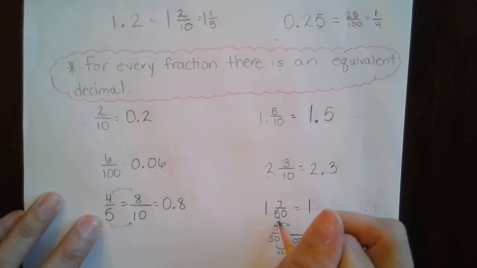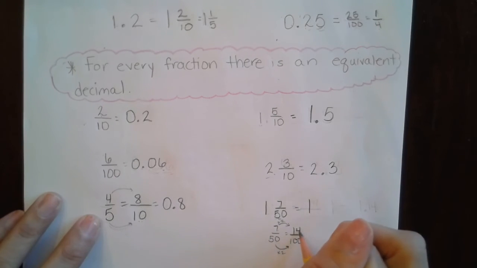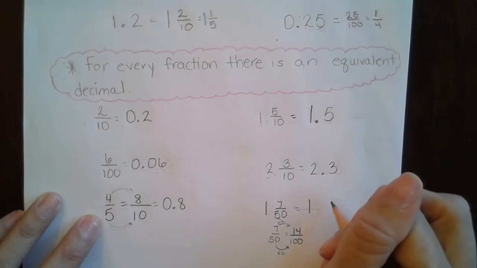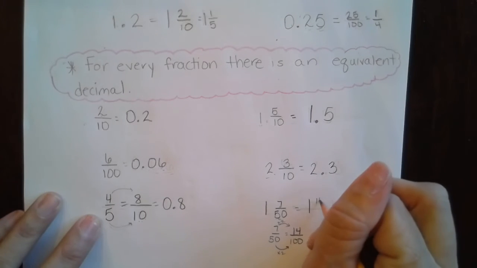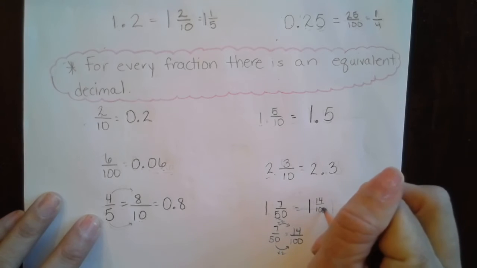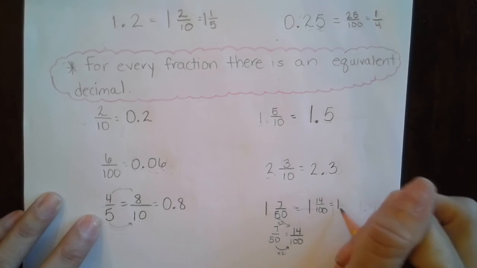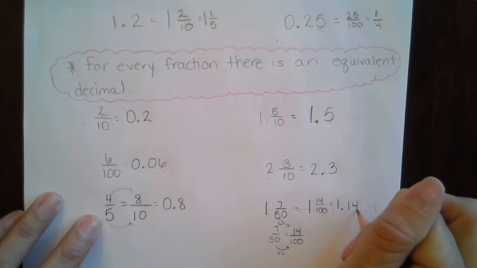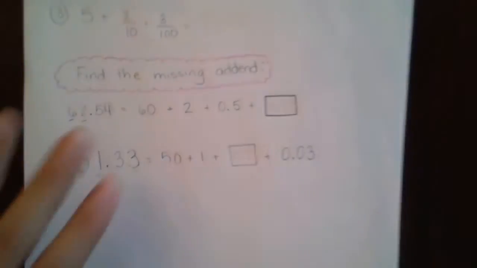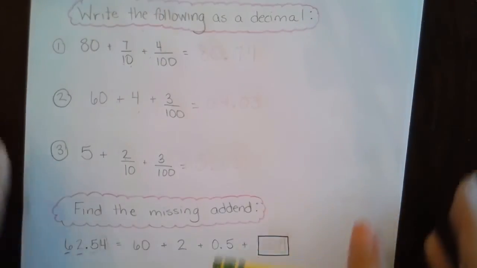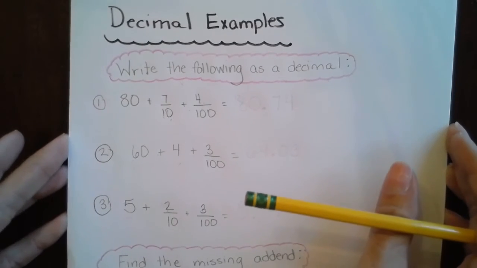So I do the same thing to the numerator, and it becomes 14/100. So now the mixed number says 1 and 14/100, which is going to translate as a decimal to 1.14.